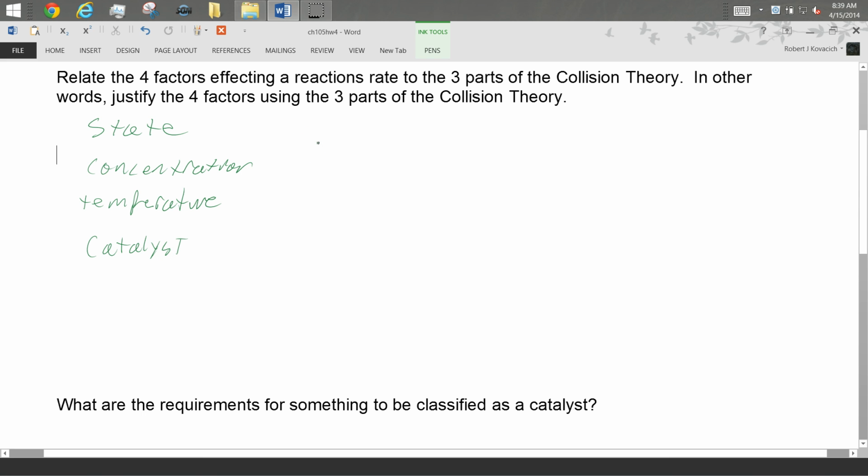And the three parts of the collision theory are collide, have enough energy, and orientation.